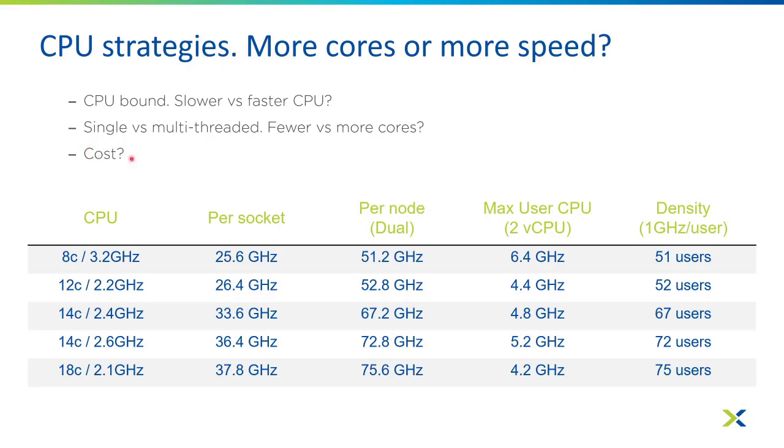Cost, I really can't comment on that. I mean, the processor prices change daily. So, this is a chart, it's probably a year old already. But again, the comparison here is from an 8-core, 3.2 gig machine, so we're talking about 2 vCPU configurations of 51 users per node, and then an 8-core, 2.1 gig machine with 75 users per node.